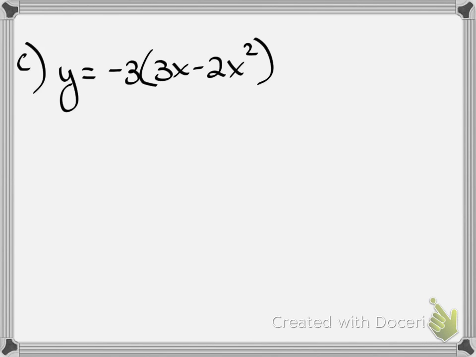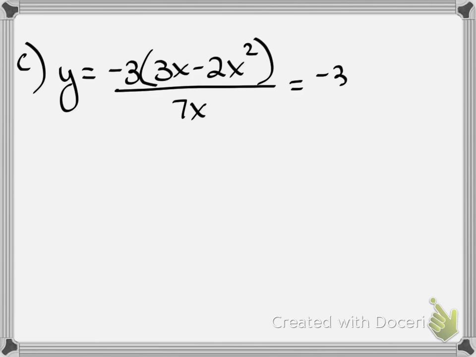C part. What if you have this crazy looking problem like -3 parenthesis 3x minus 2x squared all over 7x? Well, I'm still going to see maybe... let me show you what I see.